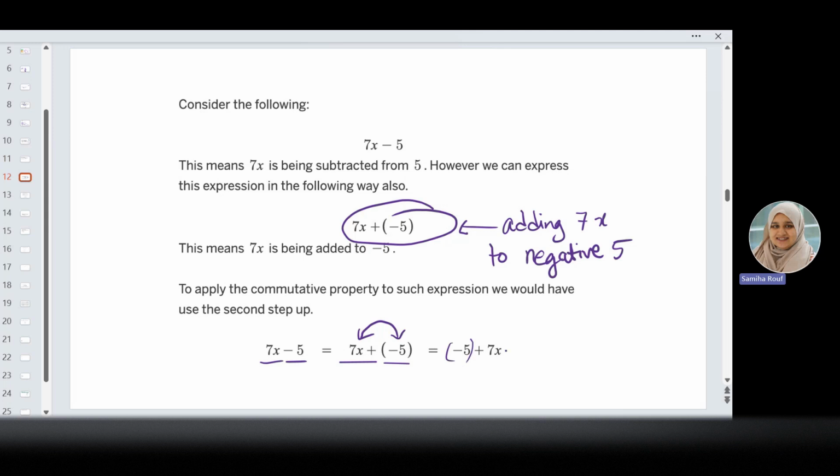There will be multiple scenarios where moving around the terms can be helpful. And so with subtraction, just keep in mind that even if you have a minus sign, that minus sign is associated to the number or the term right next to it.